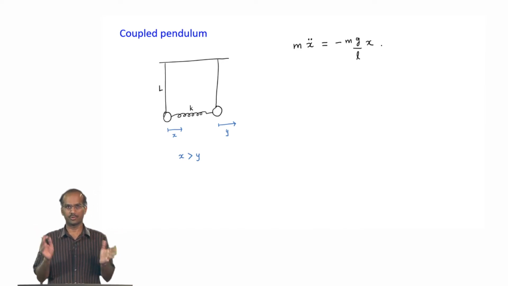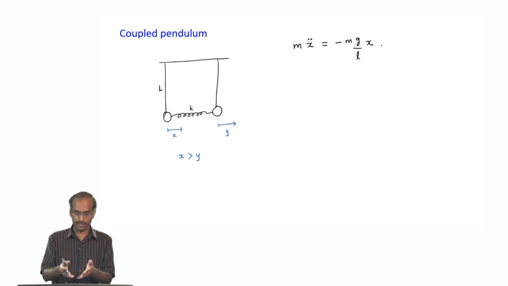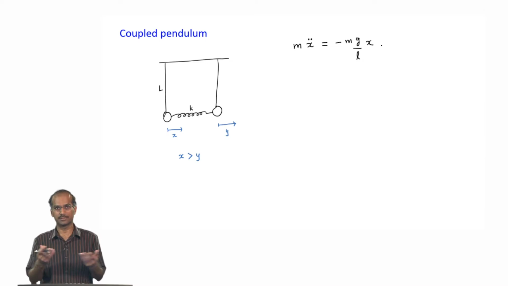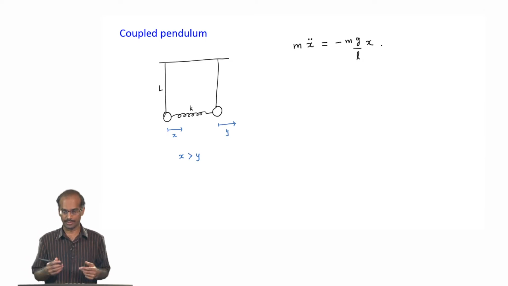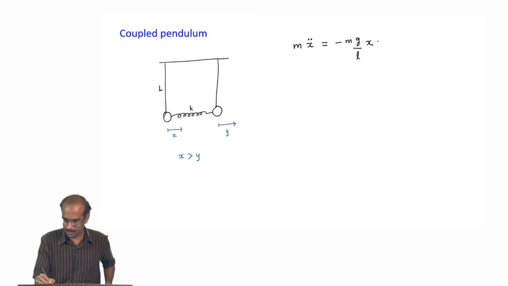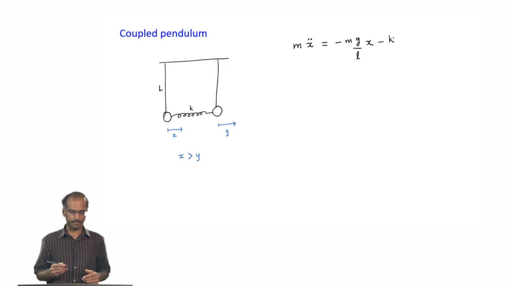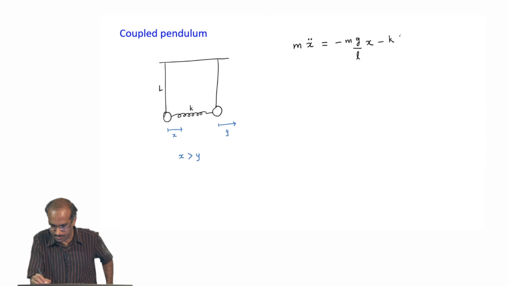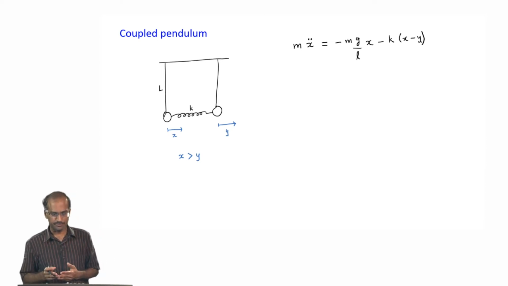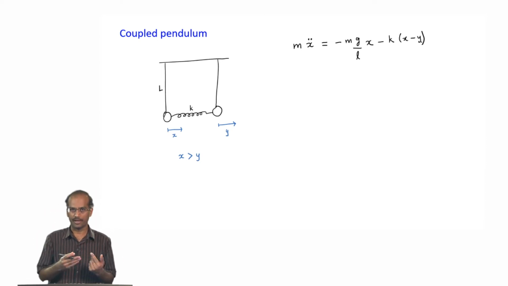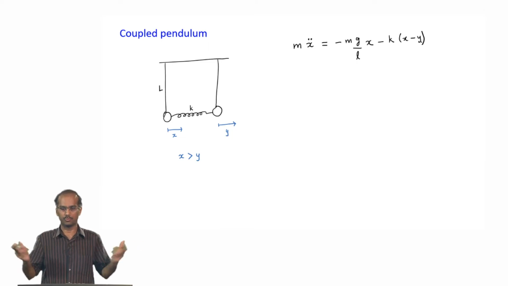If there was only the x pendulum here, then this is the equation of motion, but we know that there is a y pendulum and there is a spring. So somewhere they should make their appearance, and here it makes its appearance in this way. There is a second term which corresponds to the effect of having a spring coupling the two bobs.